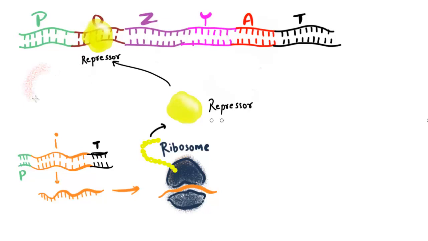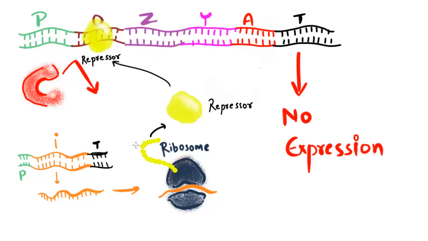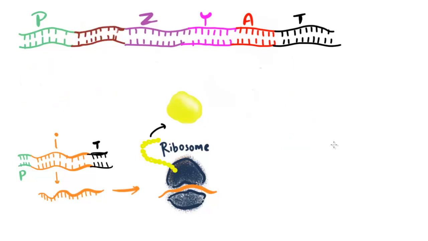This protein is known as a repressor. The repressor can bind onto the operator and will not allow RNA polymerase to bind onto the promoter to make the RNA. Hence, transcription does not take place. But what if lactose is added into the system?